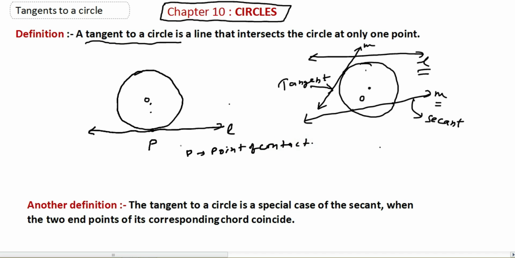So you got it. The point P where the line touches the circle is named the point of contact, and the line is called the tangent.